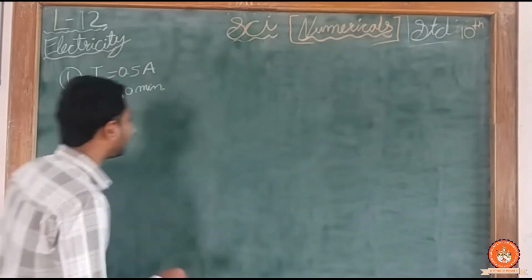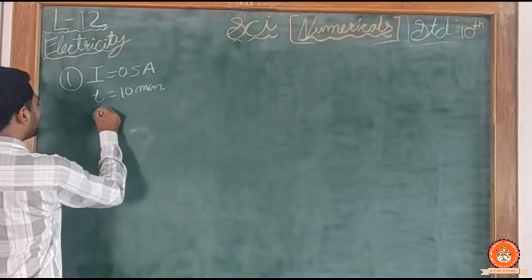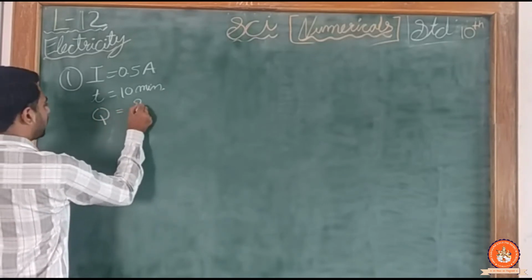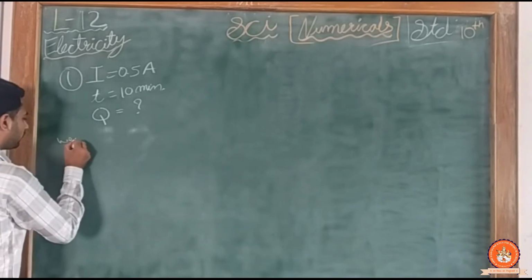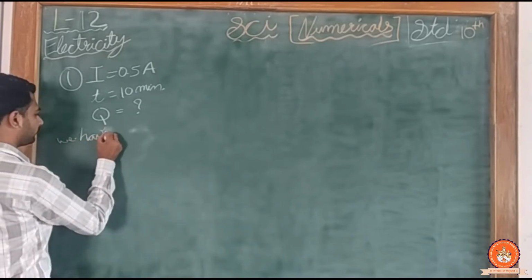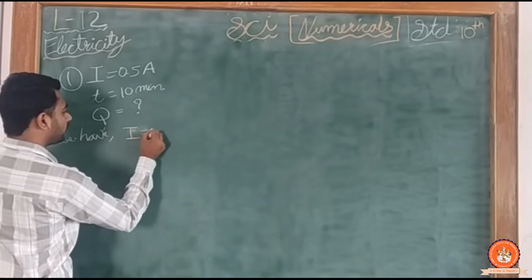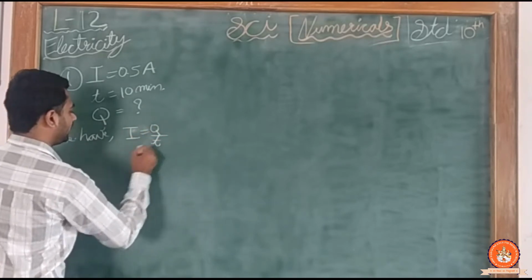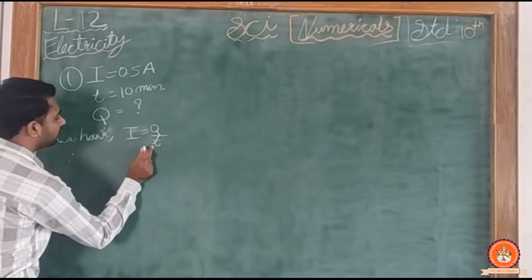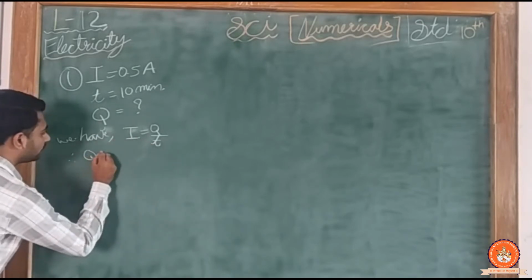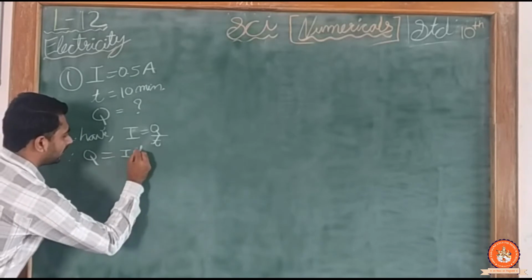We have to find the electrical charge, so electrical charge we denote by Q. We have the formula I is equal to Q by T. We have to find Q, we have the value of I, we have the value of T. So Q is equal to IT.